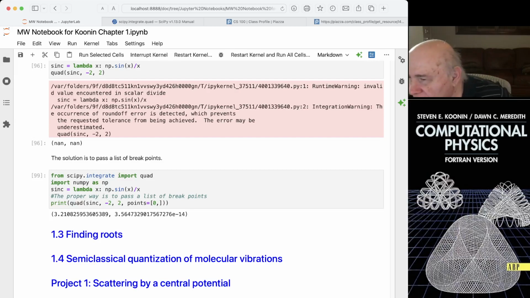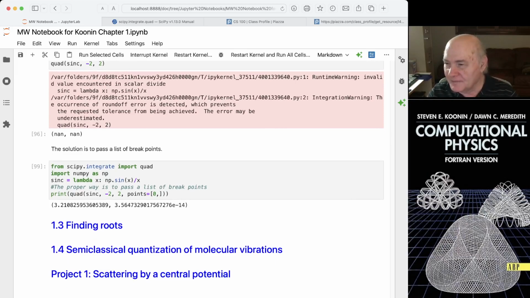So actually it looks like a 0 comma there. Anyway, there's 1 point that we're skipping over. So once we skip over that 1 point, we're happy and we get our answer and we get our error bound. It's quite good.